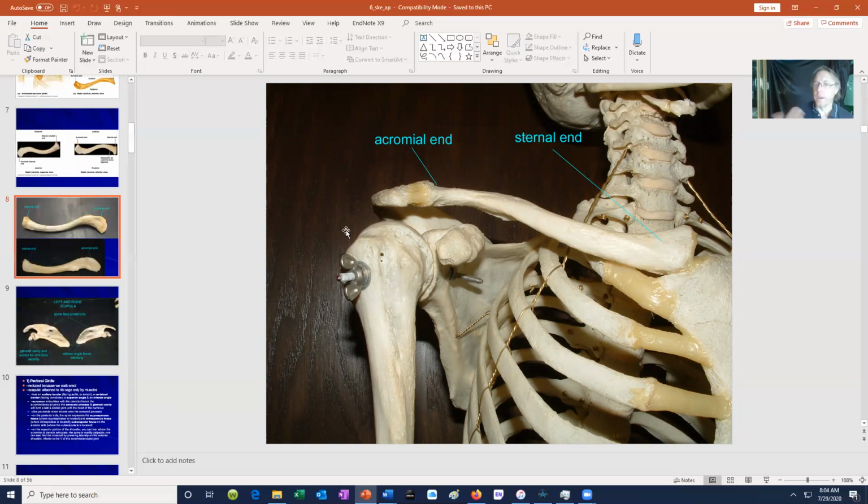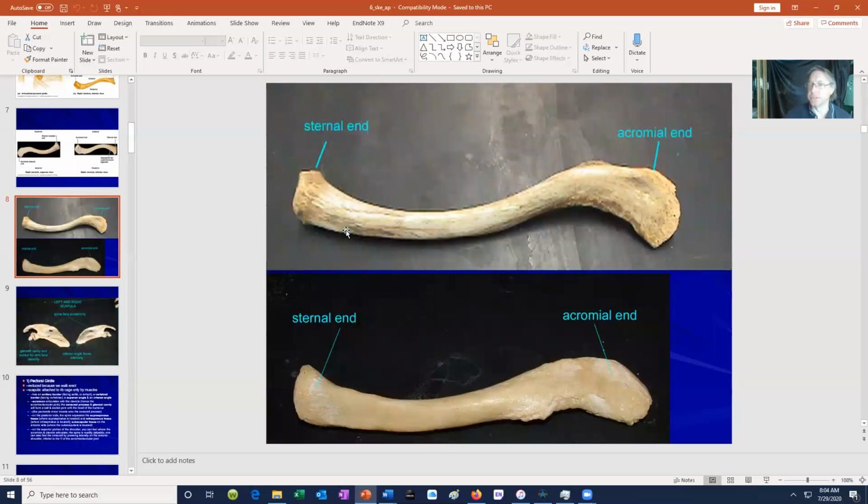Now, when my students need to identify structures, I often joke that there's one thing they can do to help them out in lab exams, and that is that they can cheat. You come to class with a skeleton, with bones arranged in anatomically correct position.